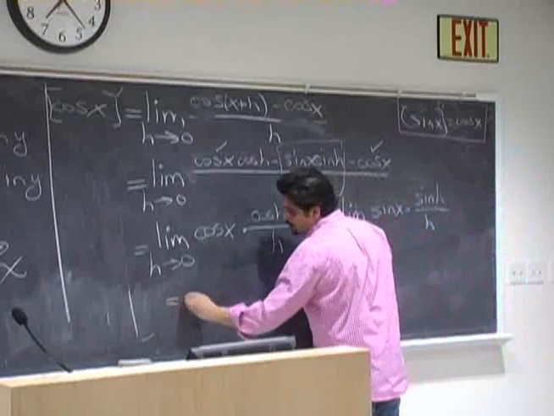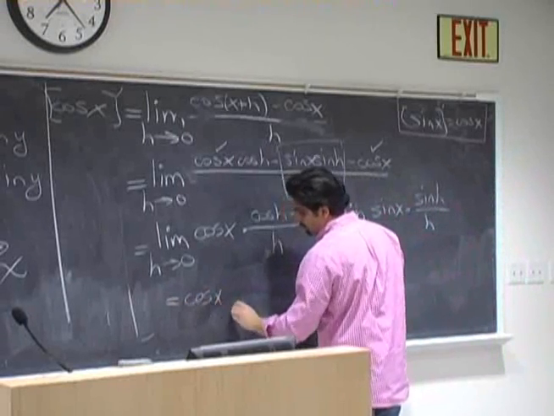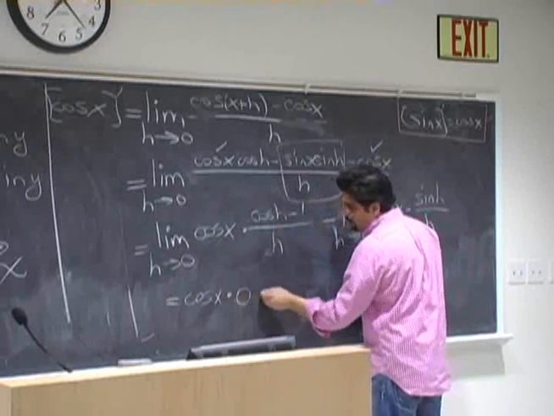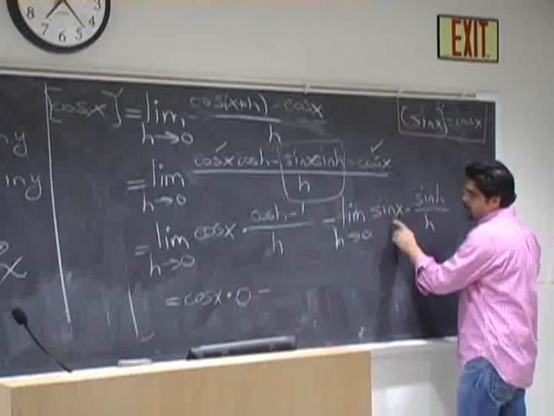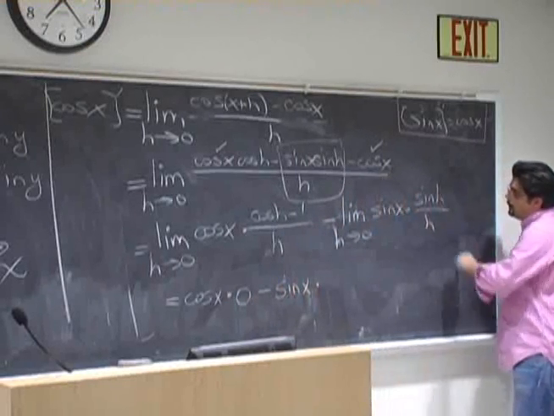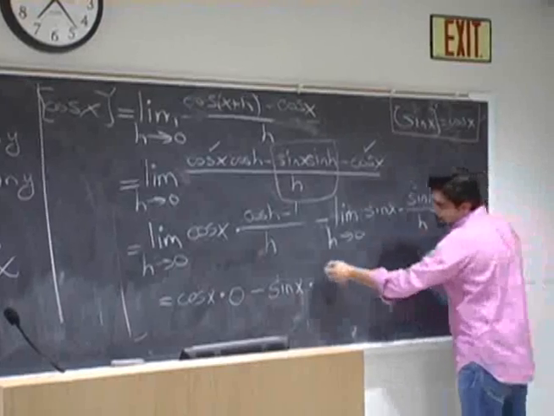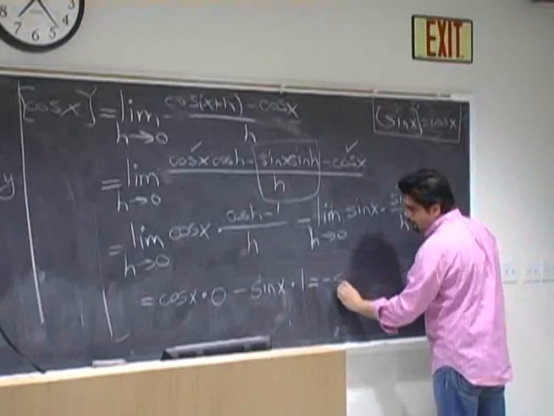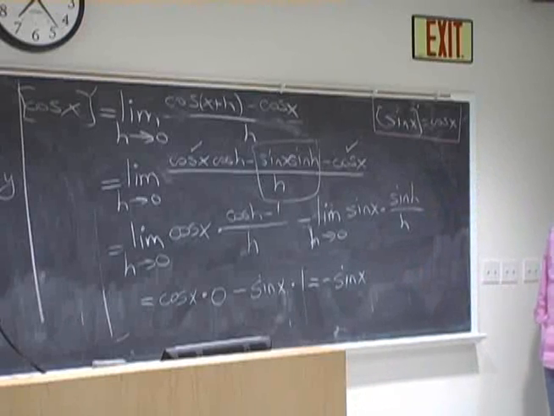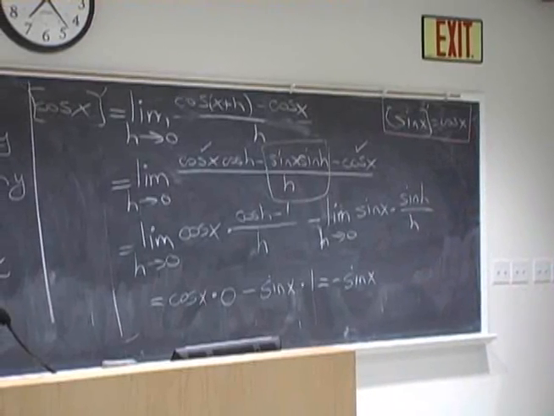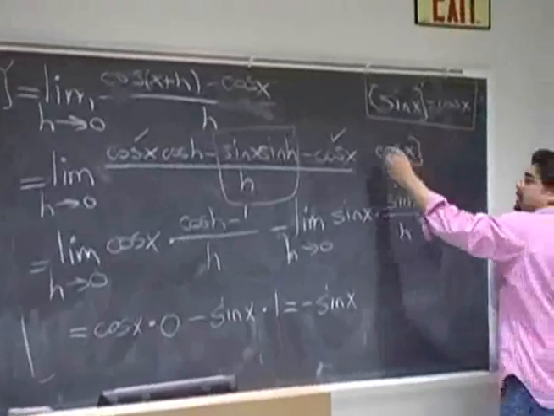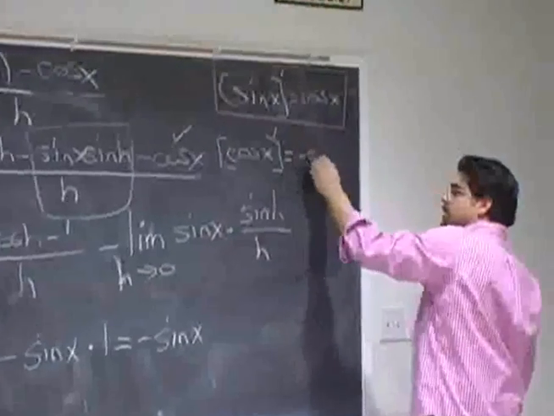So again, this would be cosine x times the limit of this quantity, which we said was 0, minus sine x times this quantity, which has a limit of 1. So what's the answer? Negative sine x. And that's the other quantity we should remember, that the derivative of cosine x equals negative sine x.